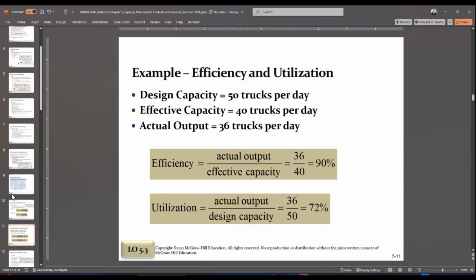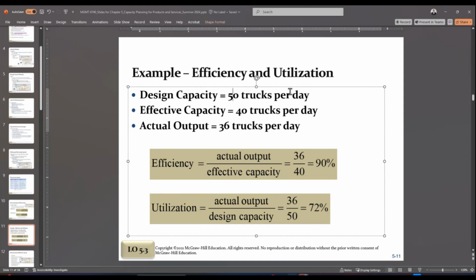So here is an example, similar to what I said. Suppose this is a numerical problem. The design capacity given is 50 trucks serviced per day, and the effective capacity is 40 trucks per day. Maybe it's an 8-hour shift servicing trucks, and within that, suppose there is 1 hour of lunch break and other breaks and so on.